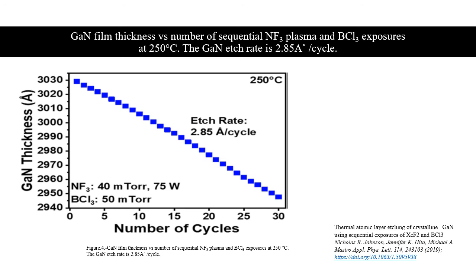After repeated experiments, the etch rate varied between 2.5 and 2.9 Angstrom per cycle. It was concluded that this gallium nitride etch rate is much higher than the etch rate of 0.65 Angstrom per cycle at 250 degrees Celsius obtained using xenon difluoride and boron trichloride. This higher etch rate might be because of the thicker fluoride layers formed by the fluorine radicals.